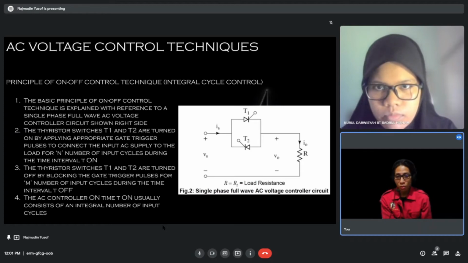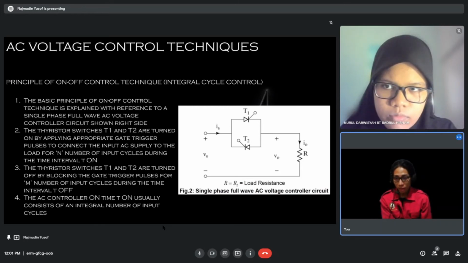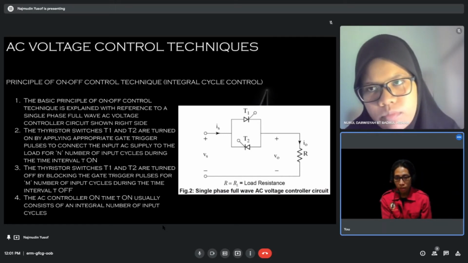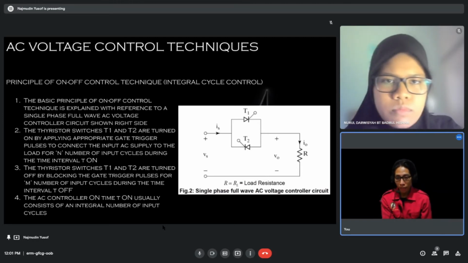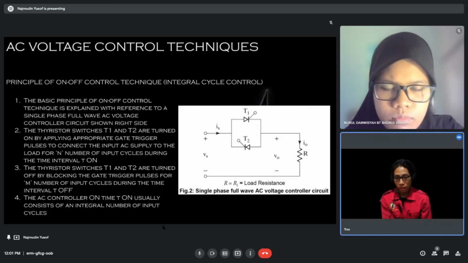The transistor switches T1 and T2 are turned on by applying appropriate gate trigger pulses to connect the input AC supply to the load for n number of input cycles during the time interval T on. Third, the transistor switches T1 and T2 are turned off by blocking the gate trigger pulses for m number of input cycles during the time interval T off.